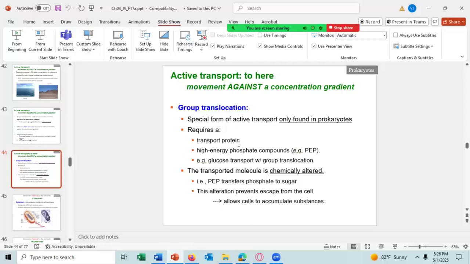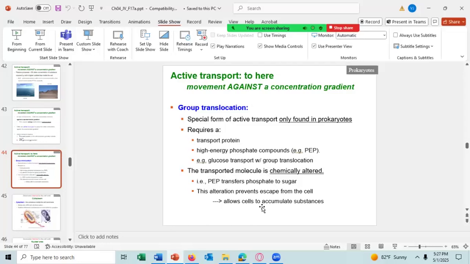And glucose can move into a bacteria cell by group translocation, but the glucose moving through the transport protein is actually chemically altered. So it starts as glucose outside the cell, but inside the cell, it'll be switched to glucose 6-phosphate, meaning the phosphate from PEP is removed from PEP and then attached to the glucose.